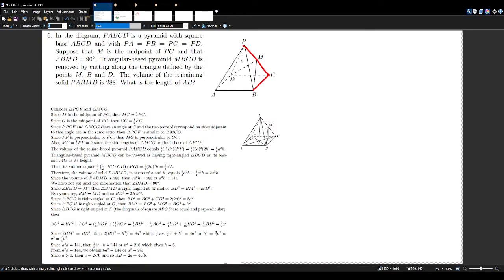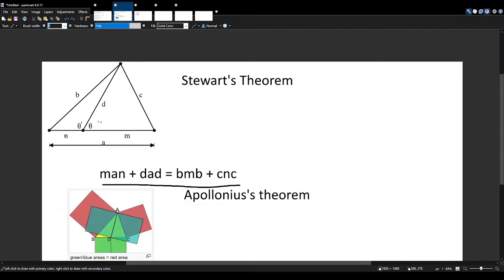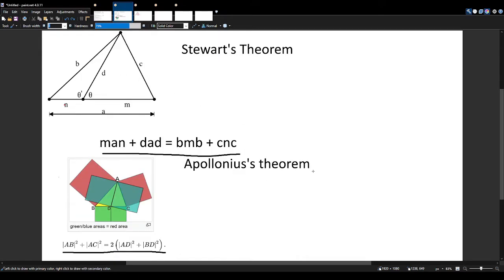But if you memorize the position, it'd be way easier to use. So b times m times b, basically you choose one length and then you go to the other length. You cross the Cevian, you go to the other length, and then you come back, and then the same thing. You choose C, go to the opposite length, and you come back C and C, and that's basically the theorem.